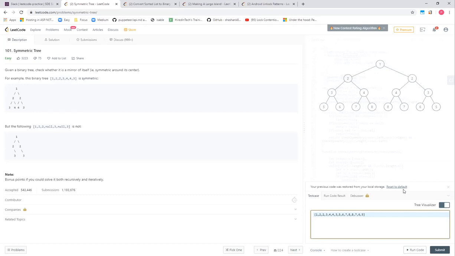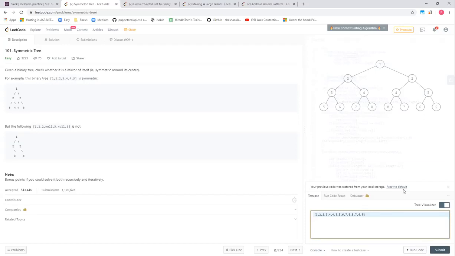One going pre-order, and the other going reverse pre-order. And at each move, I compare the values. Right.